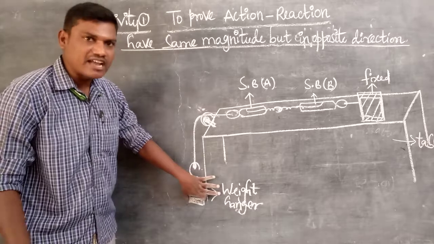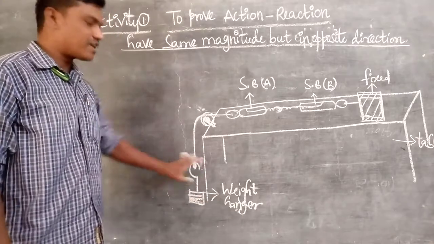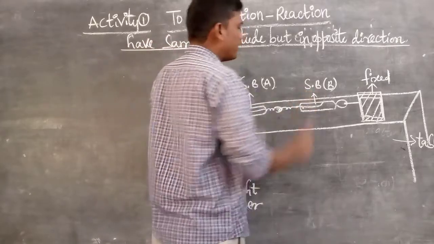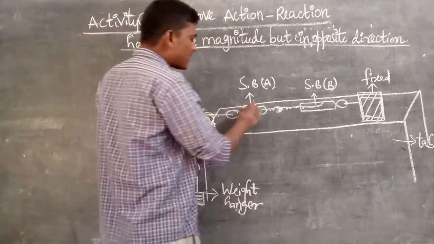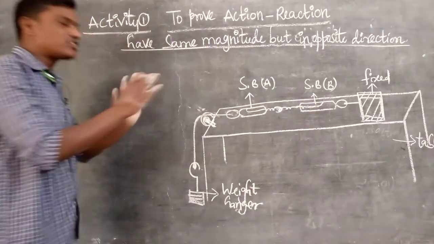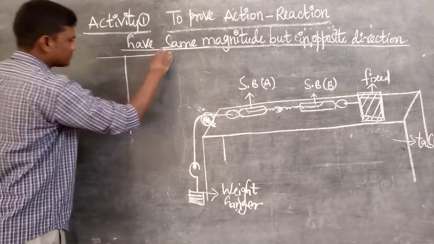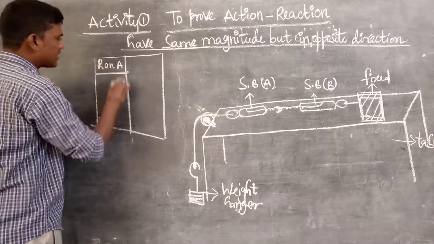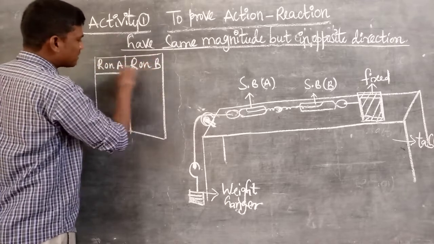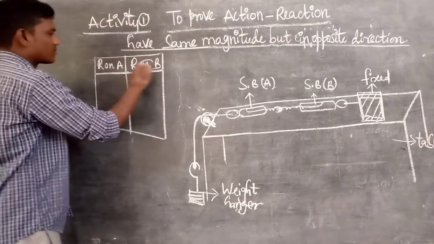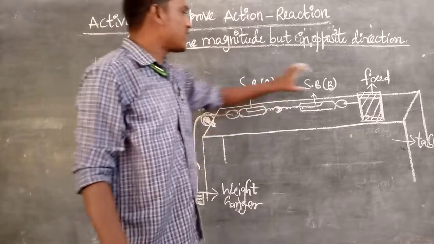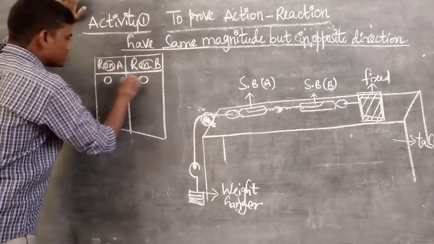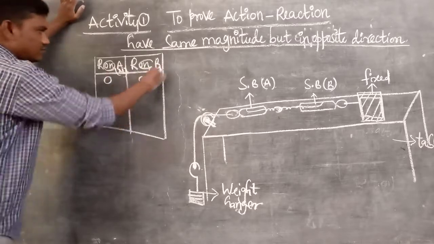Now initially, in the weight hanger no weights are added. At that time we observe what the readings on the A and B spring balances are. Initially, the reading on spring balance A and the reading on spring balance B are 0, 0 Newton.